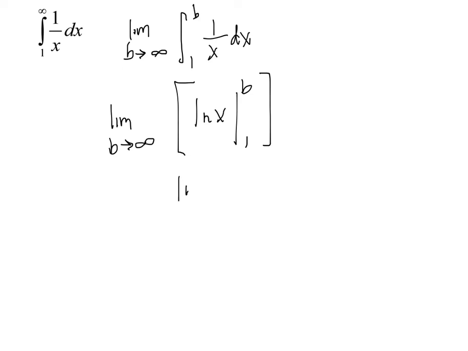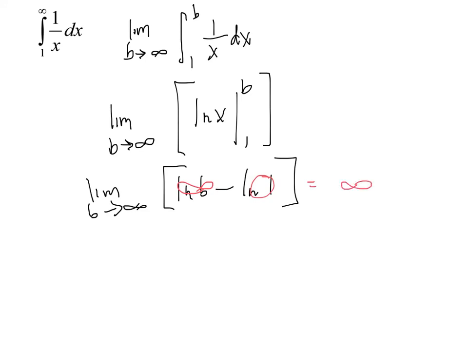So the natural log of b minus the natural log of 1, when we plug those things in. Unfortunately, the natural log of infinity is infinity. So we get infinity minus 0 because the natural log of 1 is 0, which is infinity. So this is divergent. We couldn't get an actual answer.